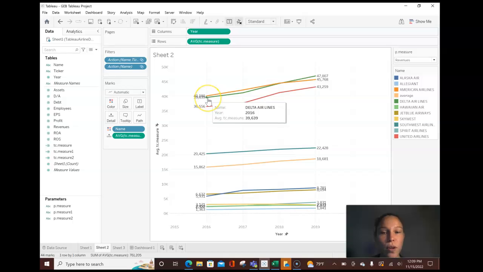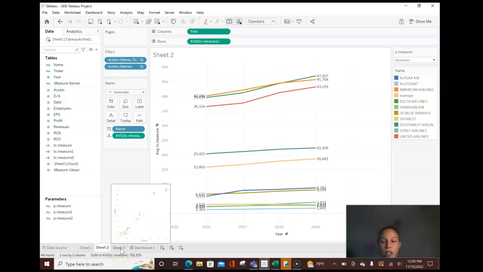They jumped from nearly 40,000 to 47,000. So although they didn't have the largest revenue over time overall, they did have the biggest increase, and they beat out American Airlines. We could also see that at the bottom again is Allegiant Airlines with the least amount of increase over the years for their revenue.